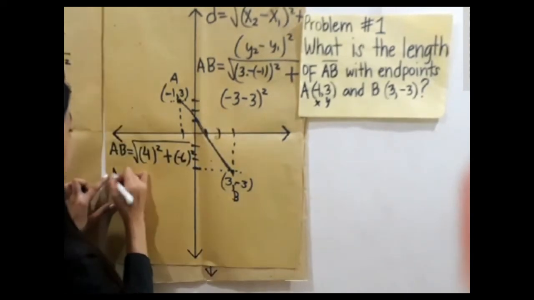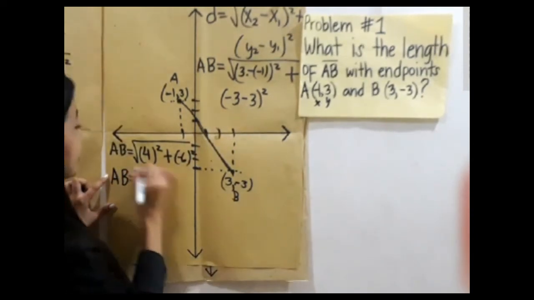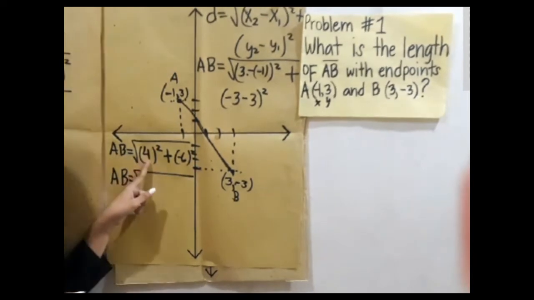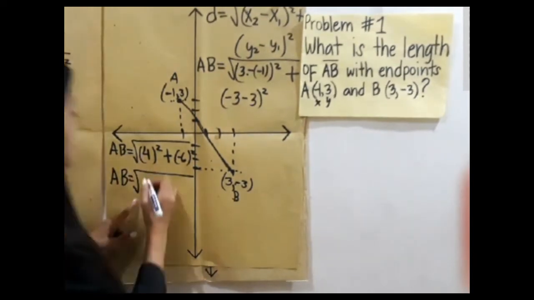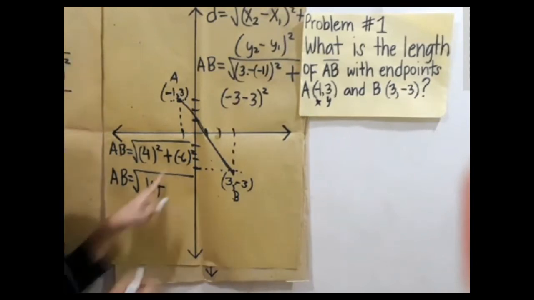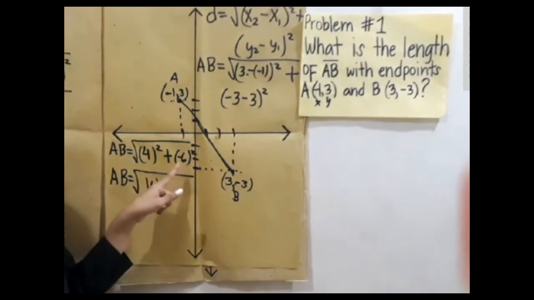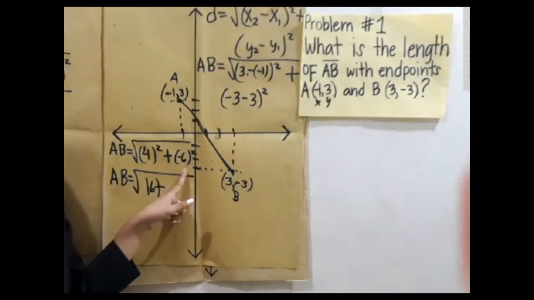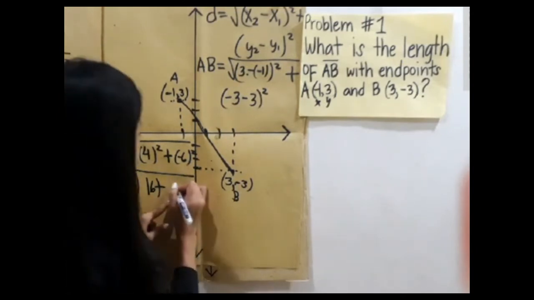And then, again, let's proceed. Copy again the radical sign. 4 times 4 is equal to 16. 16 plus -6 times -6 is equal to +36.